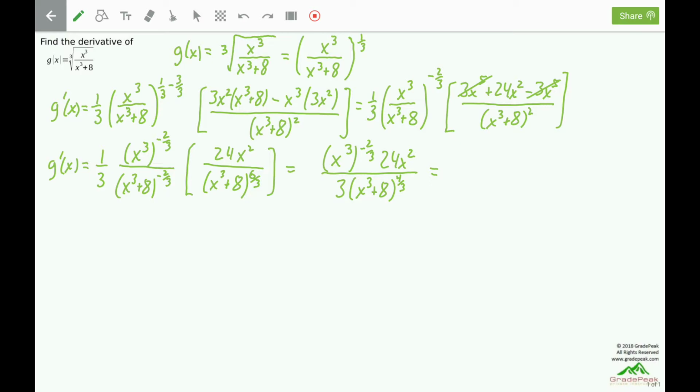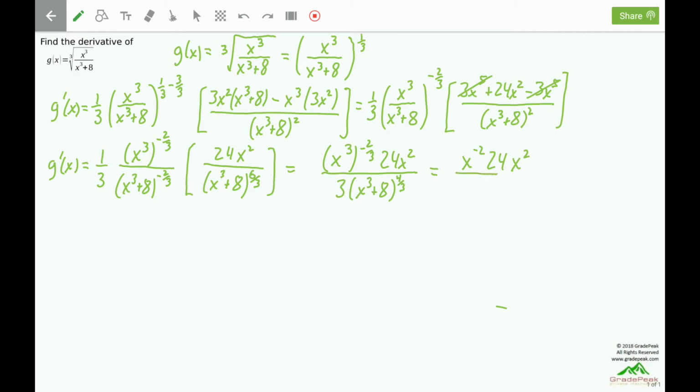The next thing we can do is this term right here. It's a negative exponent, but before we do anything with it, we can multiply those exponents. When you have something raised to an exponent and then raised again, you actually multiply the exponents. So that's going to be x raised to the negative 6/3, or negative 2 power. So I can write it as x to the negative 2. Now again, we have the option of putting it in the denominator, but we can actually multiply it with the x to the positive 2 power that's after the 24.